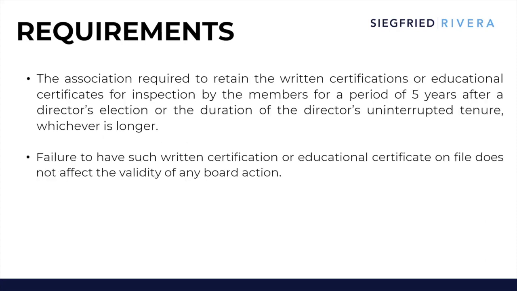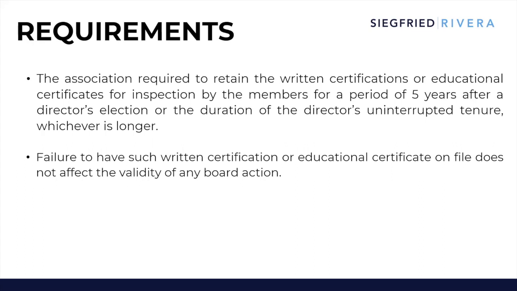The certification certificates and certification forms are submitted to the governing associations as part of the association's official records. Associations are required to retain the written certifications and educational certificates for inspection by members of the community for a period of 5 years, and that 5 years is calculated after a director's election or appointment, or for the duration of the director's uninterrupted service on the board, whichever is longer.